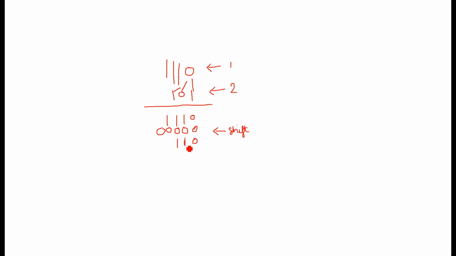Here you will shift by 2 bits. So now you will get 0 0 0 1 1 1.